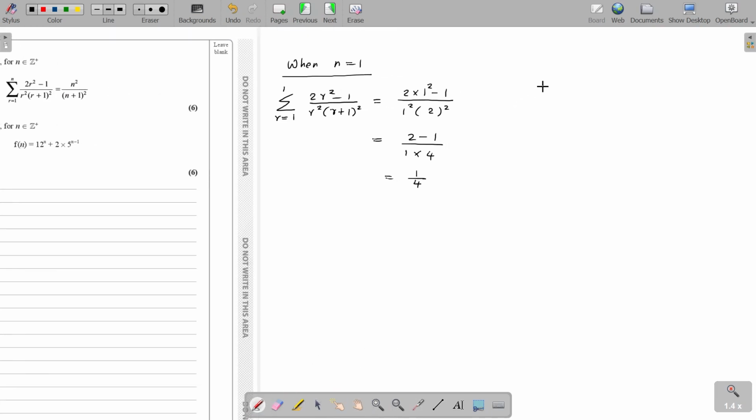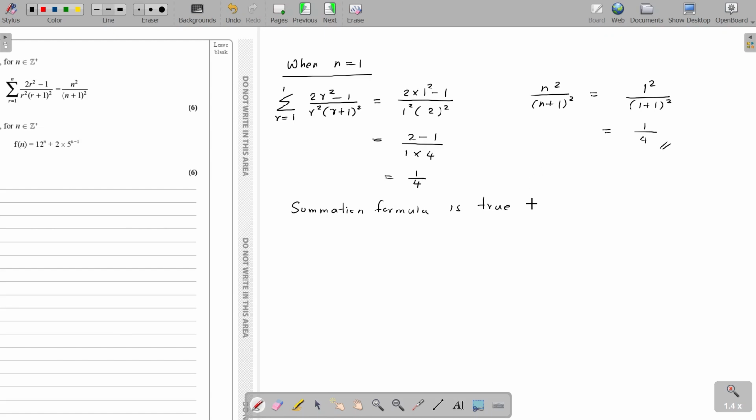So when n is 1, what do we get? 1 square over 1 plus 1 square, which is 1 over 4. So the left hand side and right hand side are equal, right? So the summation formula is true for what? You must have a base idea about the lesson to know what I am talking about. The summation formula is true for n equals 1.